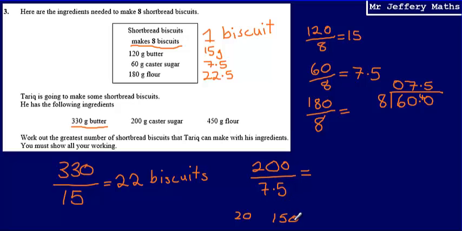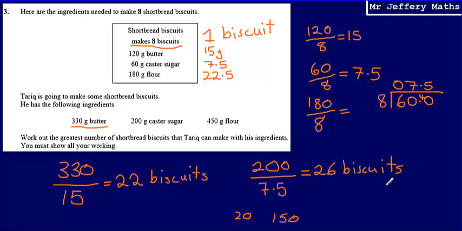So how many 7.5s are left in that 50? That is going to be 6 with a remainder. So that's going to mean that I'm going to have a maximum number of biscuits as 26. 20 7.5s in 150, and then 7.5s left in the 50 that's left over would be 6. So that gives me 26 biscuits.